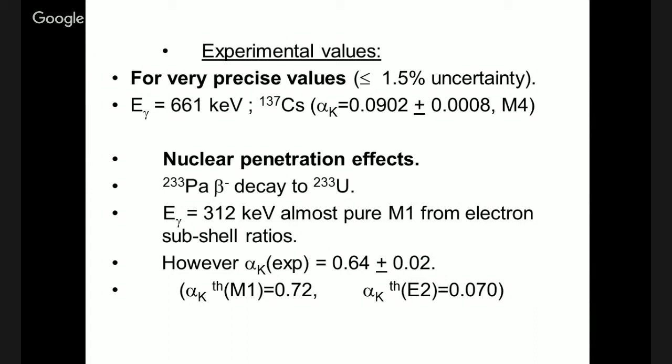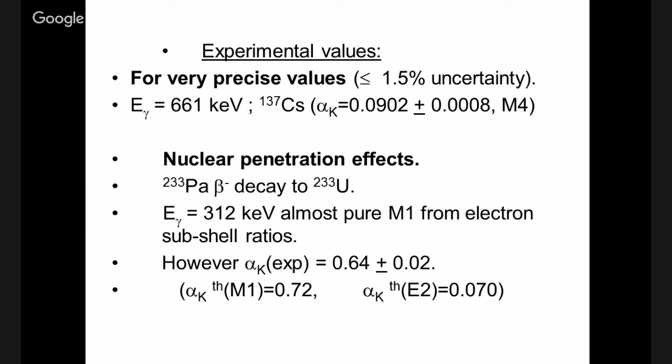Now, I mentioned that some experimental values we do want to give. For instance, very precise values, less than 1.5%. That is data that is important to keep. Another data that is important is conversion coefficients that do not agree with theory, with a simple theory.